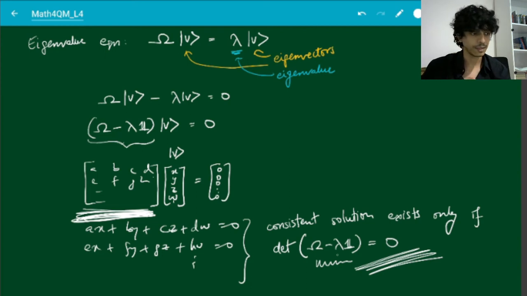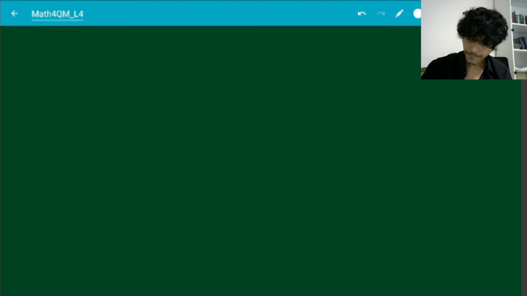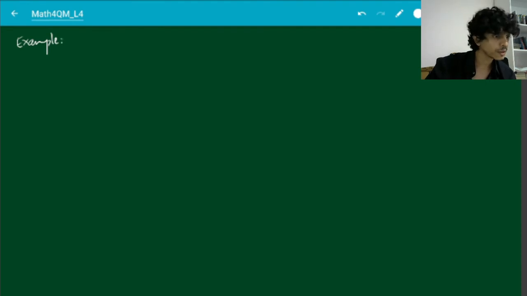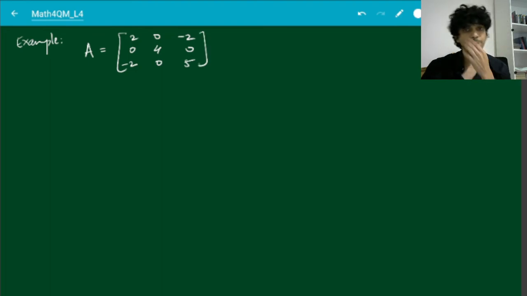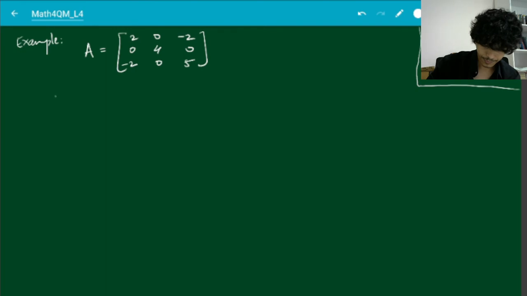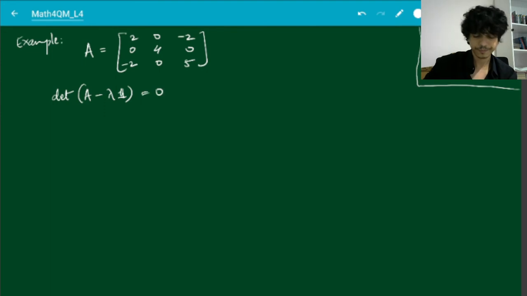Let's take an example, it will become a little more clear. I'm going to take a matrix, let's call it A, which is given by 2, 0, minus 2, 0, 4, 0, minus 2, 0, 5. I want to find the eigenvalues and eigenvectors of this matrix. So the first step is I'm going to say determinant of A minus lambda I should be 0.